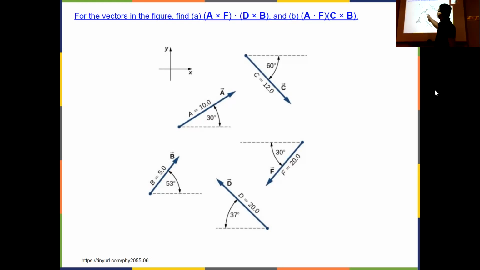But sine of 180 degrees is 0. So the first one will give you a 0 vector. Now 0 times whatever the second one is, we don't have to actually figure out the second one. It's a vector, 0 times whatever should give you 0. So on the first one, the result should be just 0.